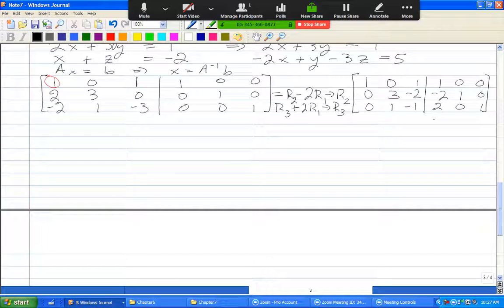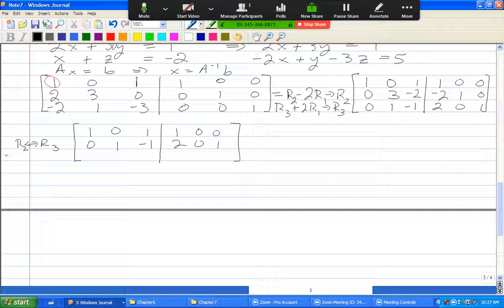Okay. And so let me interchange the second and third row. So I have a 1, 0, 1, 1, 0, 0, interchanging 0, 1, negative 1, 0, 1, 2, 0, 1, interchanging the second and third row.